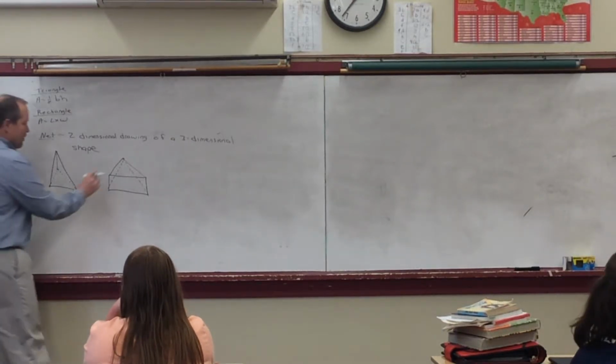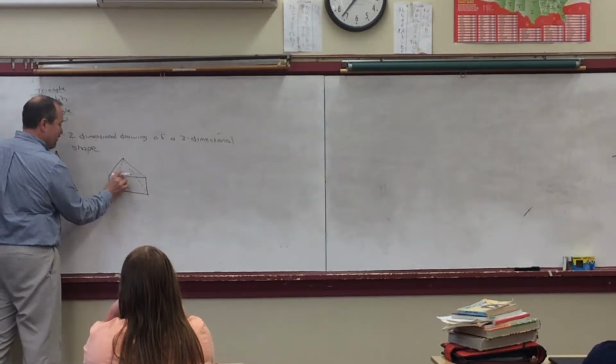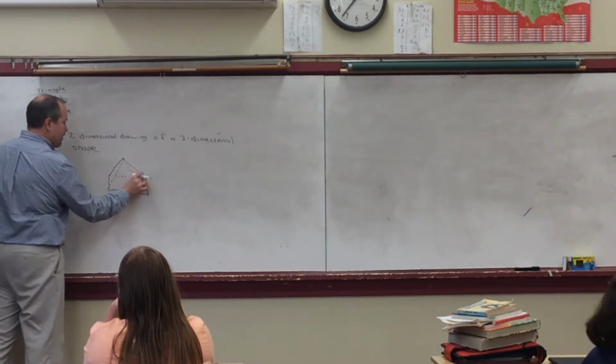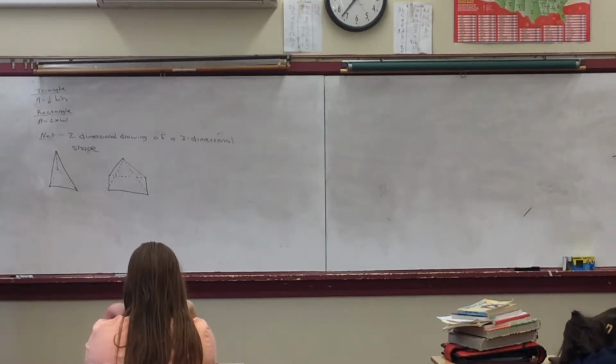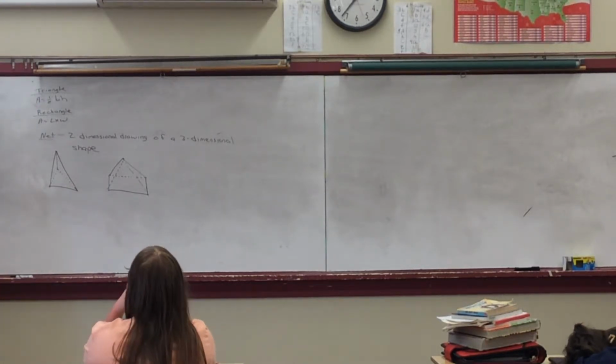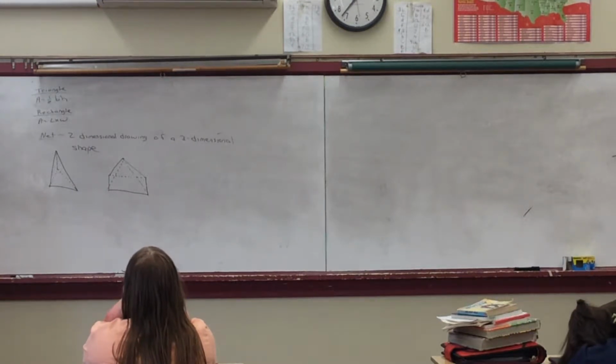Now, if you want to, you can take this. It's easy for me since I have a dry erase marker to make dotted lines. And now we have created a rectangular pyramid. Okay?